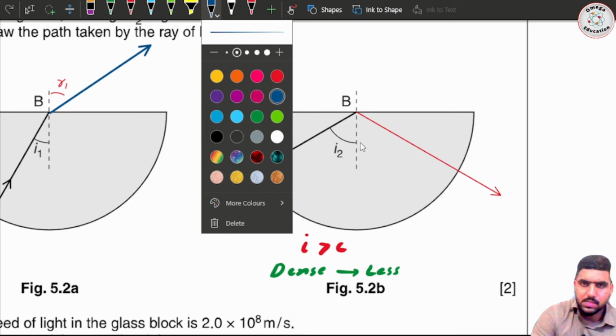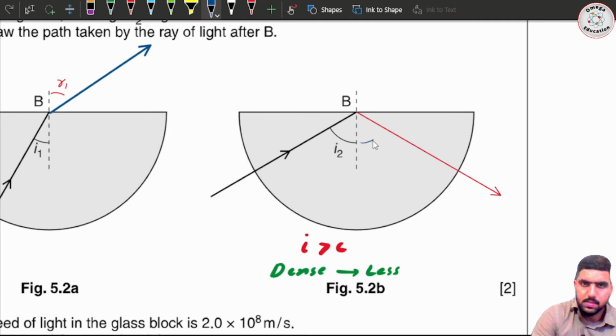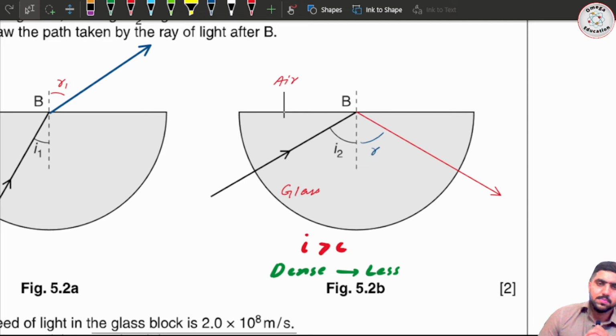So this is your angle of reflection. Refraction did not occur here because the angle of incidence was greater than the critical angle, and also because the ray of light was entering from a dense medium, which is glass, to a less dense medium, which is air. So that's why total internal reflection occurred.